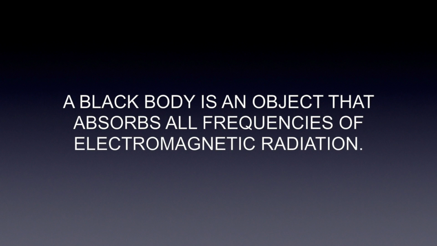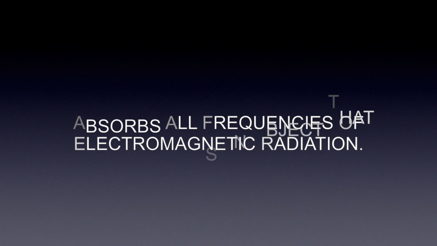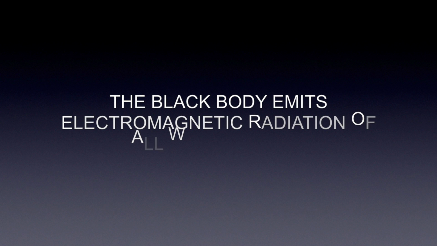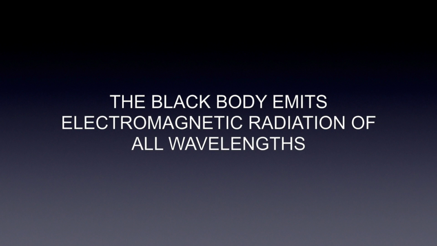A blackbody is an object that absorbs all frequencies of electromagnetic radiation. Because absorbing this much energy would cause the object to heat up forever, the object emits radiation to maintain its temperature. The blackbody emits electromagnetic radiation of all wavelengths, meaning that blackbody radiation is the radiation emitted by these objects.